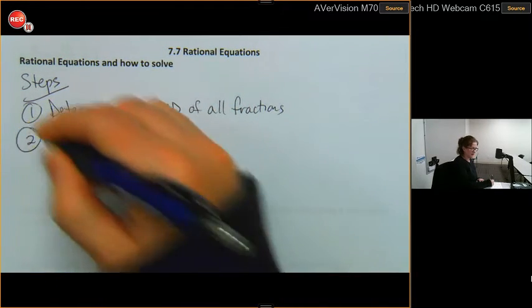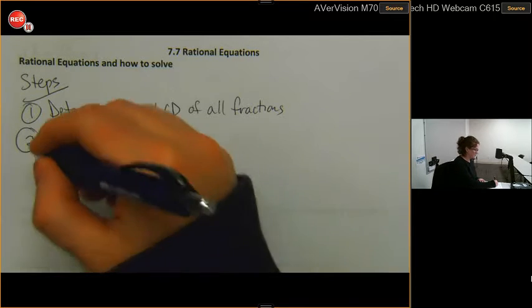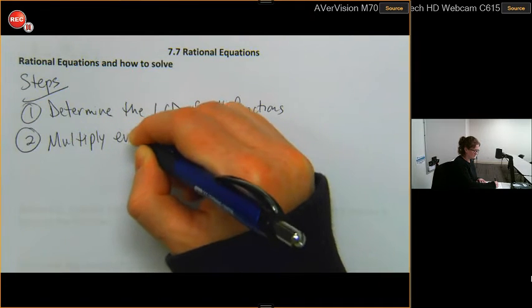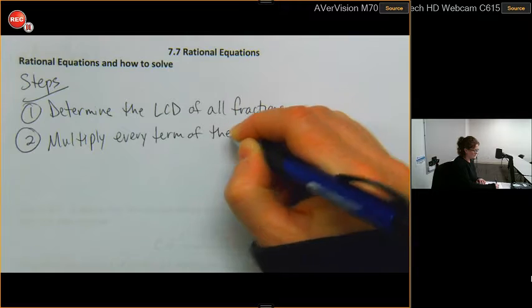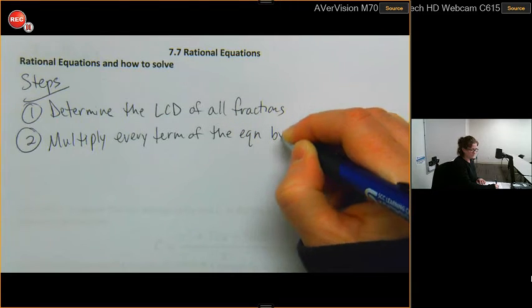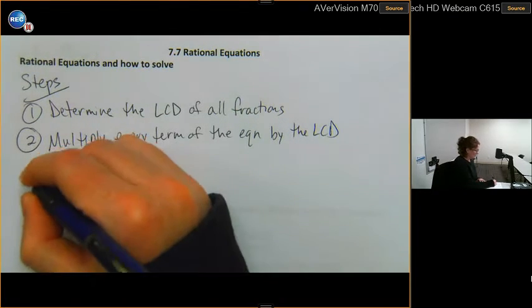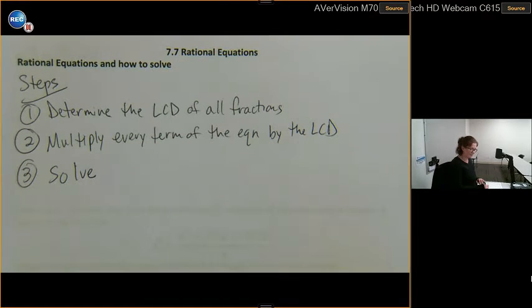The second step is going to be to multiply every term of the equation by the LCD. Then solve the resulting equation.